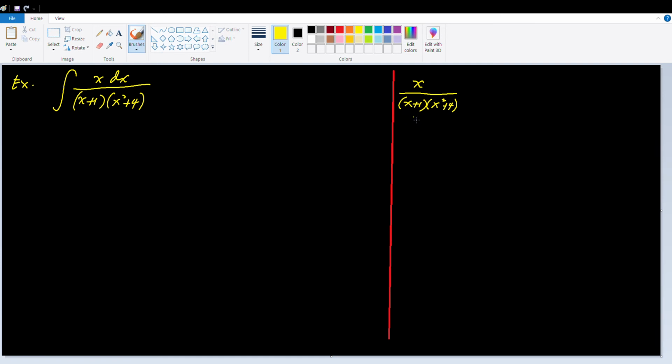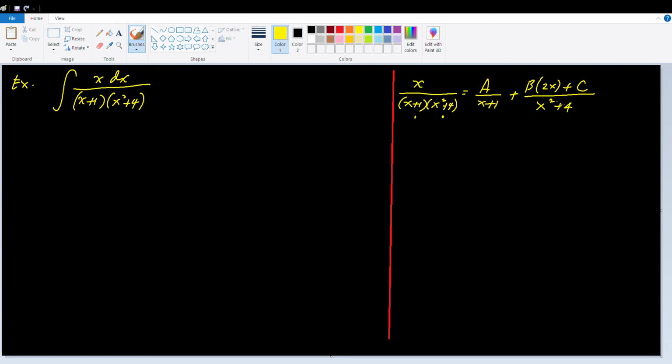X plus 1 is linear and x squared plus 4 is quadratic. So there will be one partial fraction corresponding to the linear factor x plus 1, and we shall write it as A all over x plus 1. Plus, for the quadratic factor x squared plus 4, it will be B times the derivative of x squared plus 4, which is 2x, plus another constant C, all over x squared plus 4.